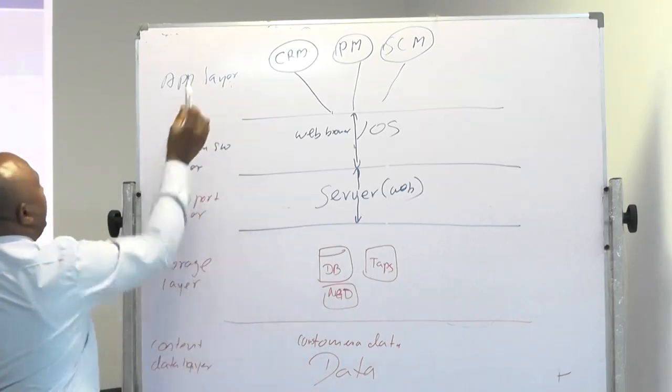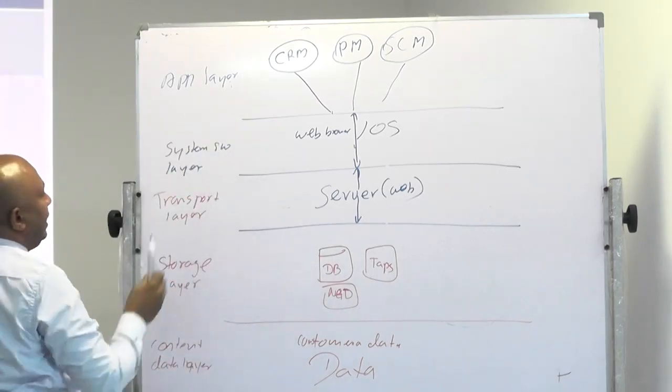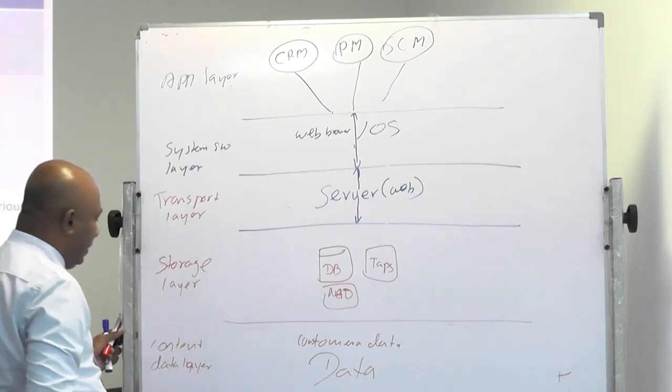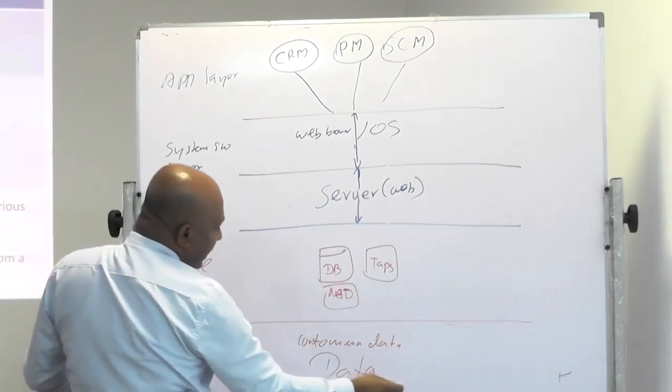So we have the application layer, system software layer, transport layer, storage layer, and content data layer.